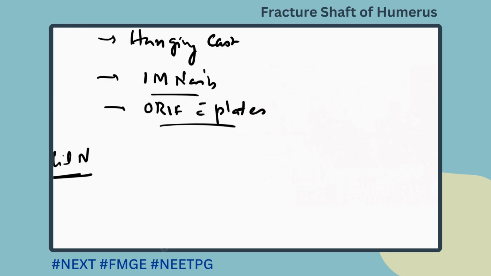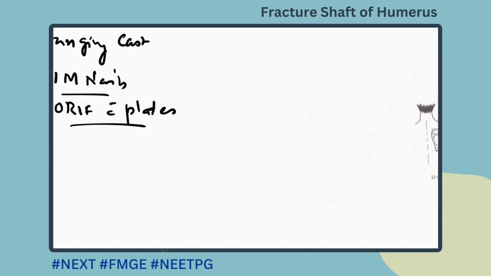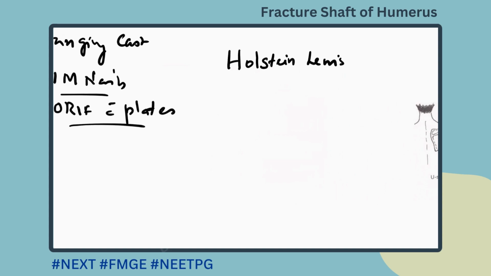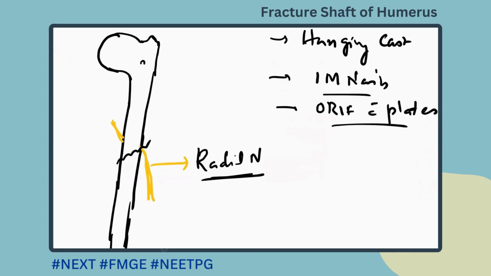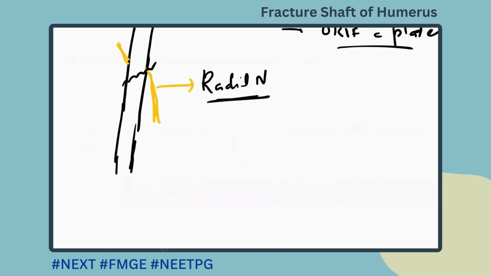Now, there is one important MCQ in the humeral shaft fracture, called the Holstein-Lewis injury. What is called a Holstein-Lewis fracture? This is the humeral shaft, and at the end it becomes the distal humerus, where you have the medial epicondyle, then the trochlea, then the capitulum, and the lateral epicondyle.